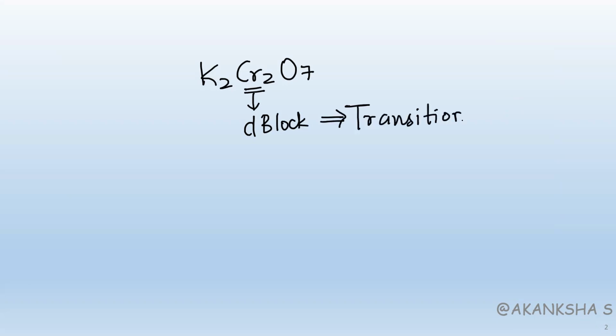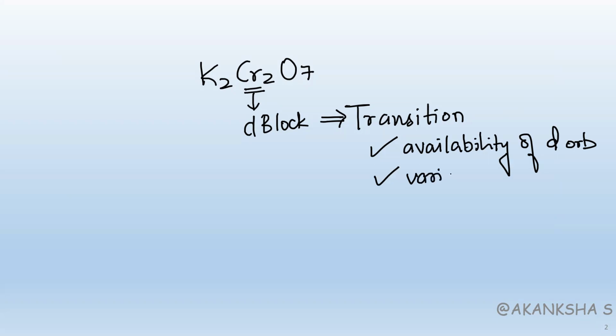Being from a transition family, it has two main things: first of all, availability of d orbitals, and second, variable oxidation state, both of which are correlated.